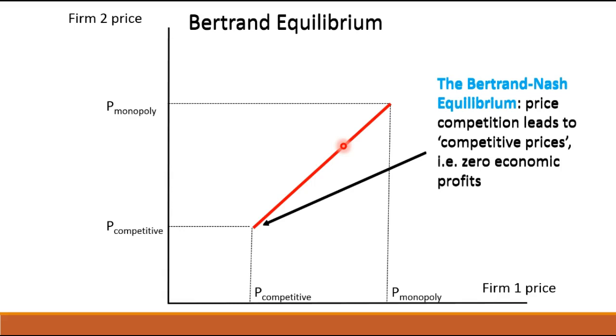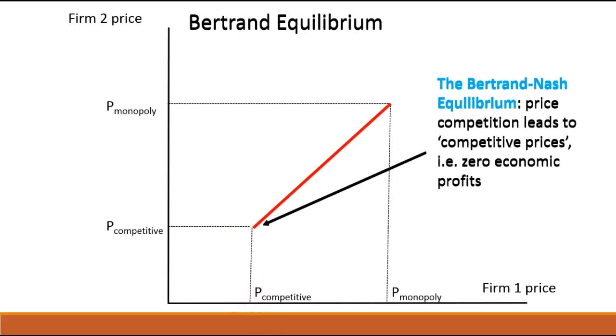So each firm had to charge the same price, and given that each one has an incentive to choose a strategy that cuts the price further, if it's not already right at the bottom, the only place that prices can end up is at this competitive level. So this is a story where, really by assumption, the firms can't cooperate.